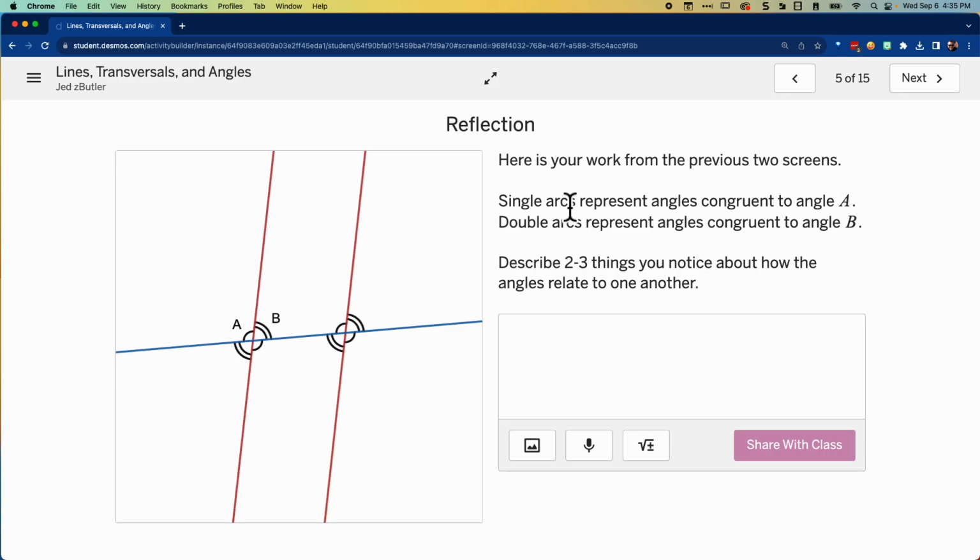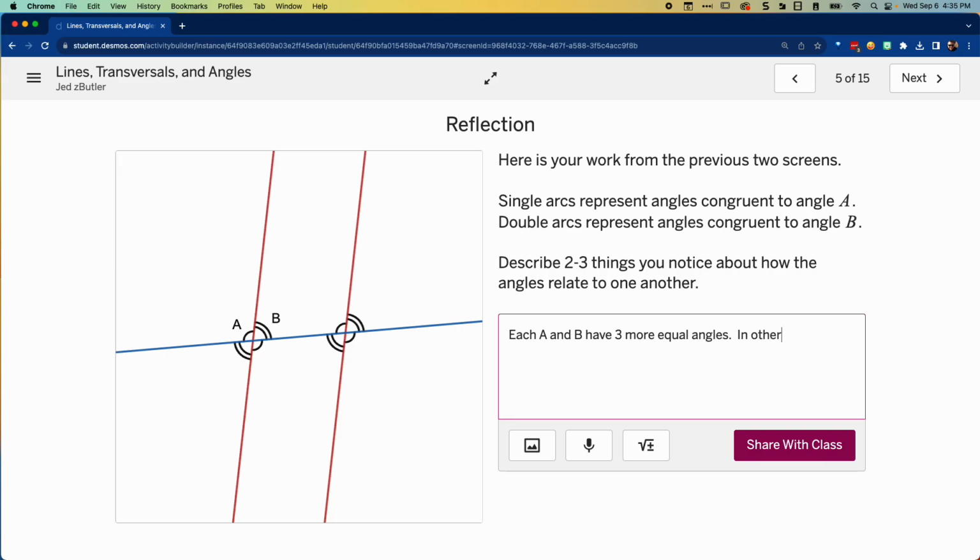And here's your work from your previous 2 screens. Single arcs represent angles that are congruent to angle A. So A has these single arcs, and B has the double arcs. Describe 2 to 3 things you notice about how the angles relate to each other. Well, I can see that each of A and B has 3 more equal angles.